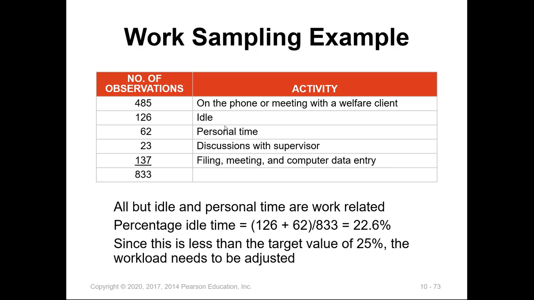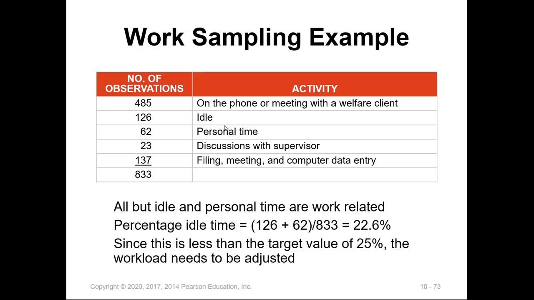The same manager from the last example would like to make sure that the company's employees have adequate time to provide prompt, helpful service. The manager would like the target of availability to be within 25%, as we mentioned in the last slide.